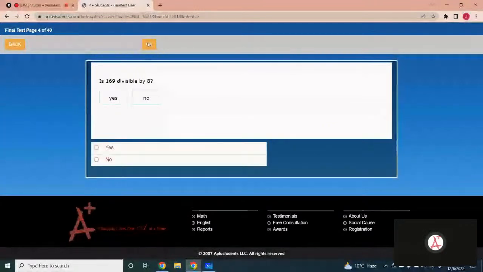So 169 is not divisible by 8. The answer is no. So just select the correct option and click on the OK button.